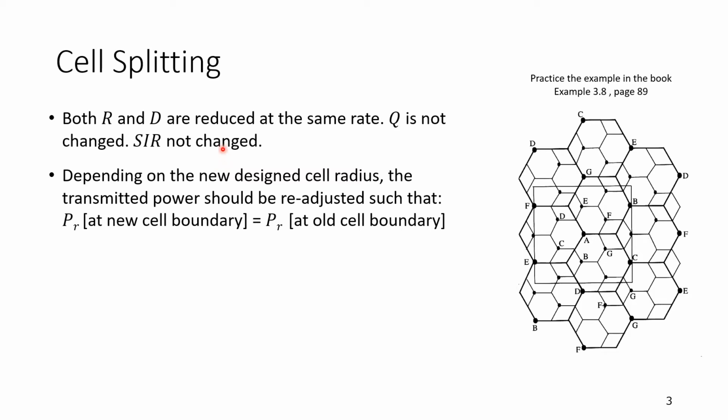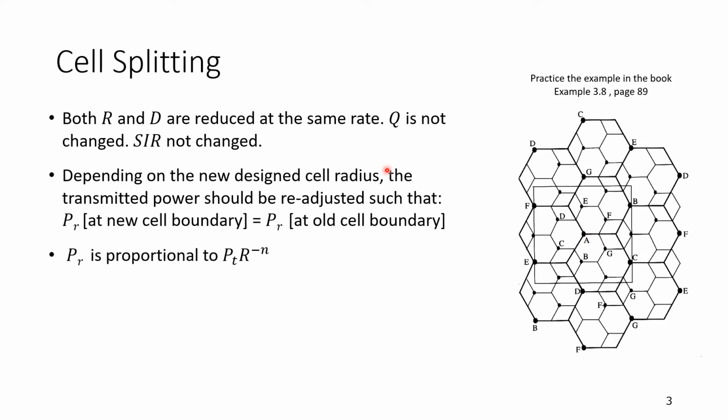Depending on the new design cell radius, the transmitted power should be readjusted such that the power received at the new cell boundary should equal the power received at the old cell boundary, because we had a big cell, now we are reducing it by using microcells. So you can see the bold lines show the original cells, and microcells create smaller cells. So power reduction is expected to be there.